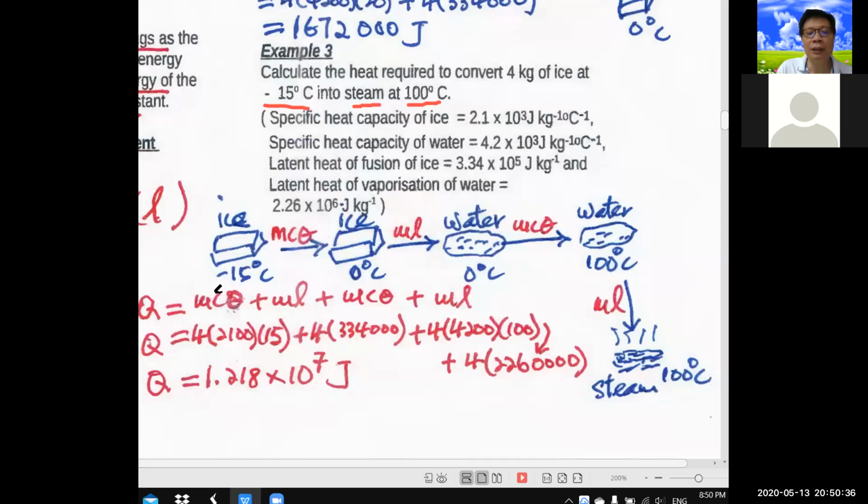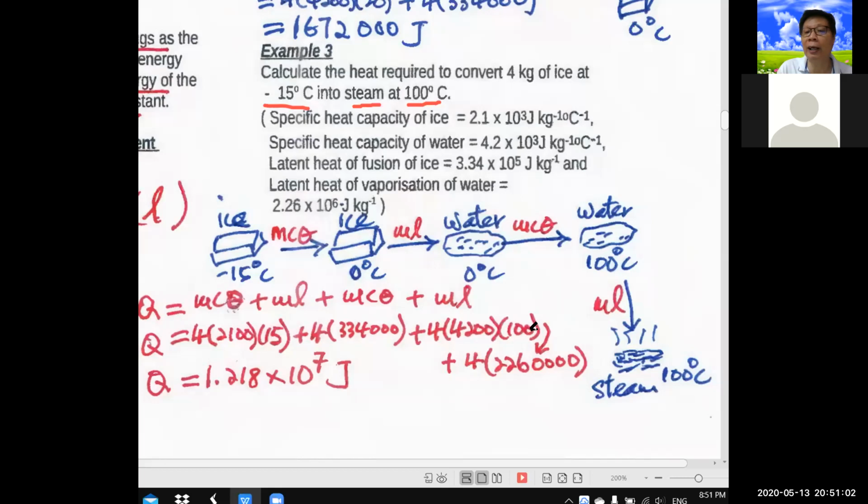Mass is 4. c, specific heat capacity for ice, is 2100. Theta is 15 degrees, because from negative 15 to 0 is a change of 15. m is 4. l, latent heat of fusion of ice, is 3.34 × 10^5. And then here mcθ, for c specific heat capacity for water, 4200.